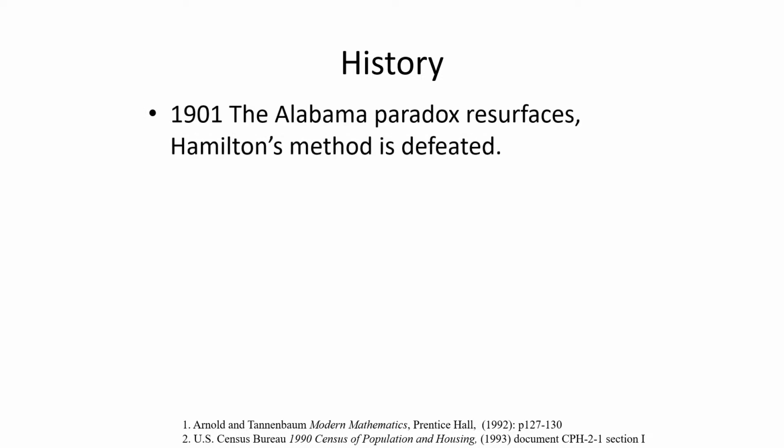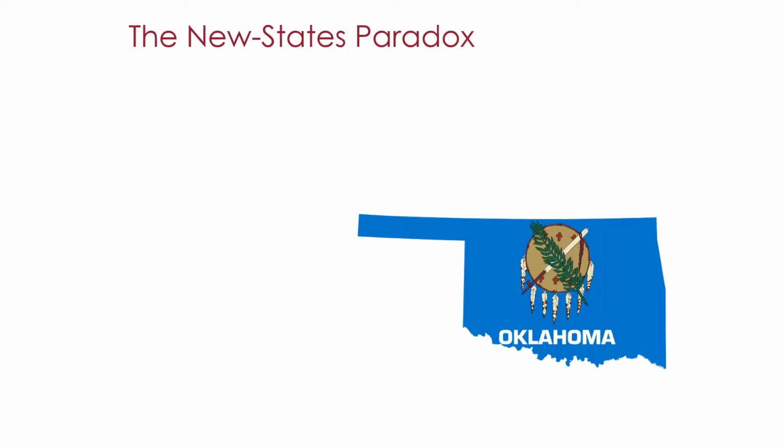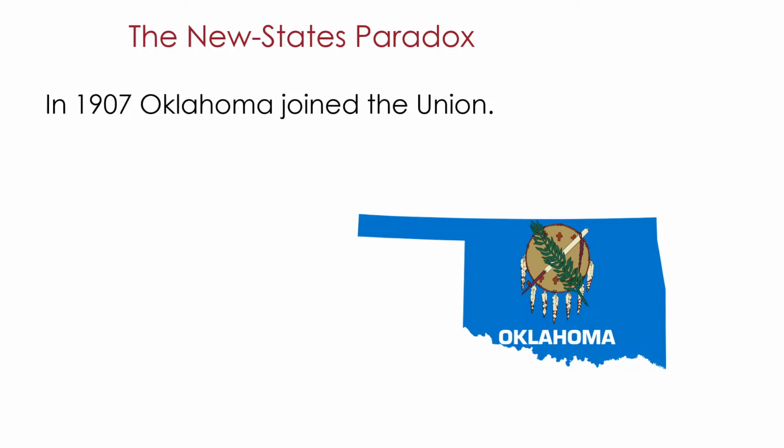So you have the Alabama paradox resurfacing in 1901. I mentioned that. I showed you the congressional record, and I have an incredible amount of respect now for the history people who actually studied that stuff. But the New States Paradox was discovered in 1907. Oklahoma joined the Union, and Oklahoma got 5 seats. It's sort of like Omatho.